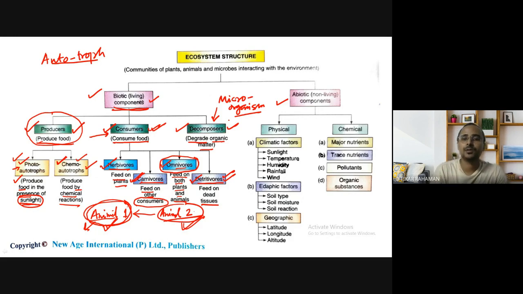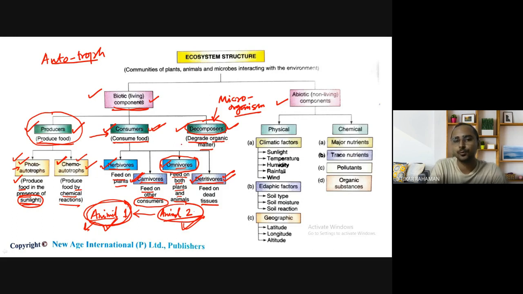These can be bacteria, any other microorganism or pathogens. They degrade, and another term for degradation is decomposition. So these are known as decomposers.